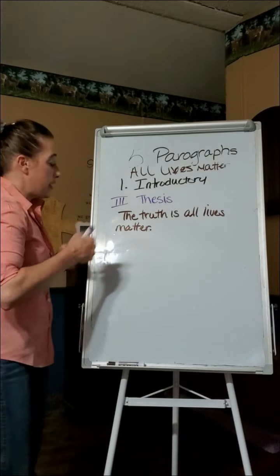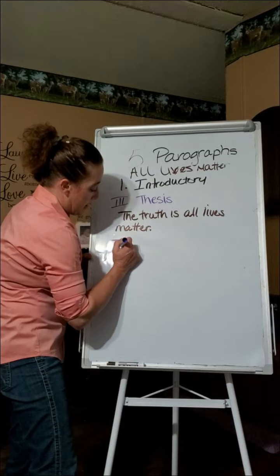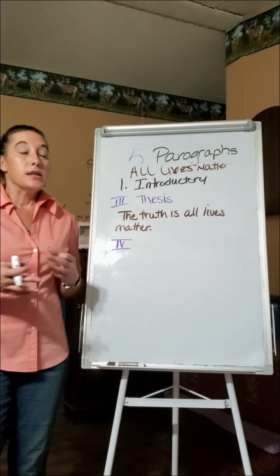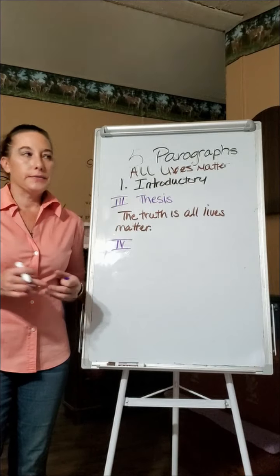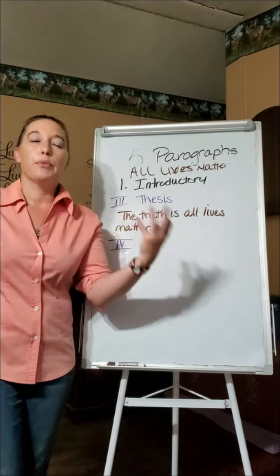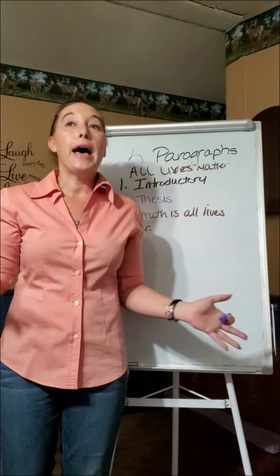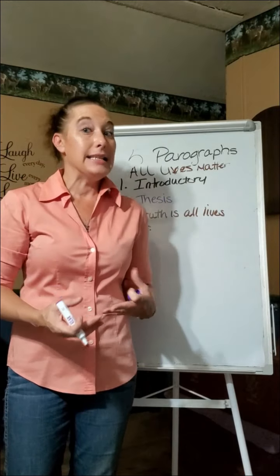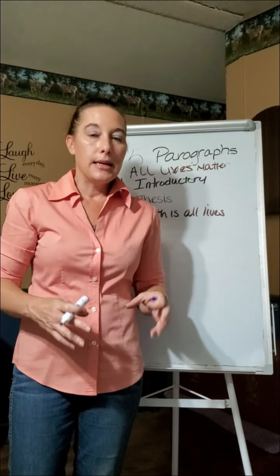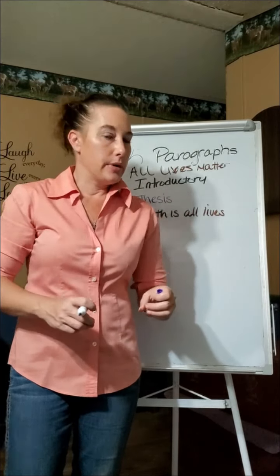The last part, you're going to have to actually decide what 3 points you're going to make to support your idea that all lives matter. Or if you're writing one about black lives matter, or blue lives matter, or like I said, purple, green, yellow, orange, it does not matter. You have to come up with 3 ideas as to why your point is the truth.